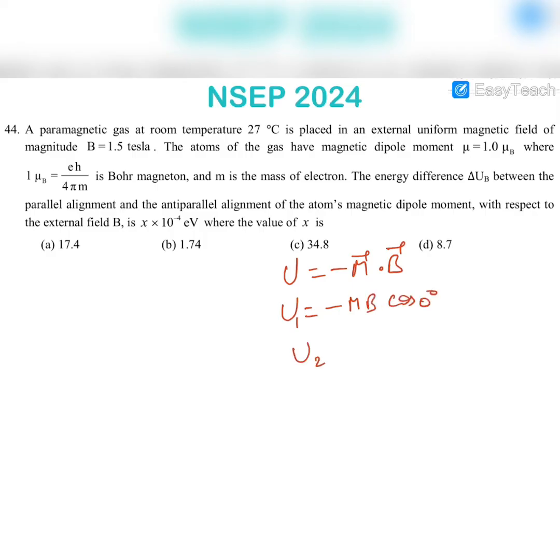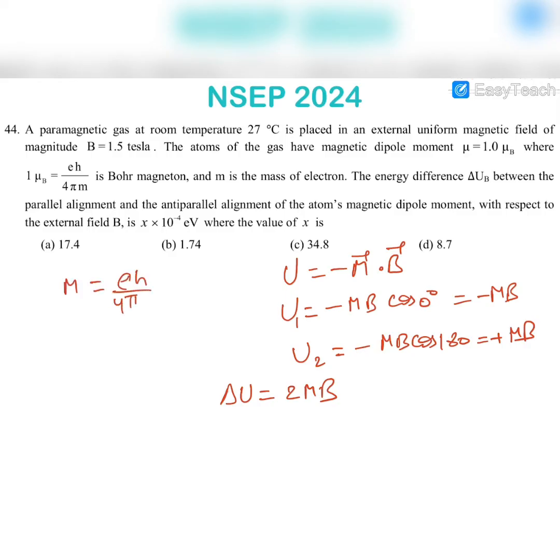And u2 for anti-parallel alignment, the angle will be 180 degrees, so it would be minus mb cos 180. So u1 is minus mb and u2 is plus mb. Okay, and obviously we can say that delta u will be 2 mb.